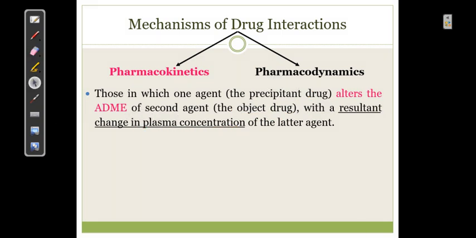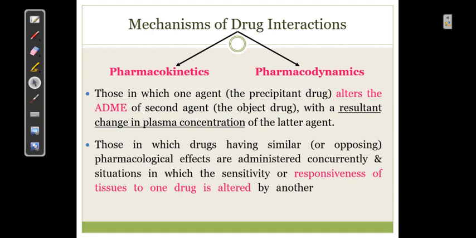Pharmacodynamic, you know that it is a receptor level change. So definitely here we are considering the actions of the drug. Those are situations in which drugs have similar pharmacological action, then it could result in either an additive action or maybe a potentiating action, or if they have opposing action, antagonizing the pharmacological actions.